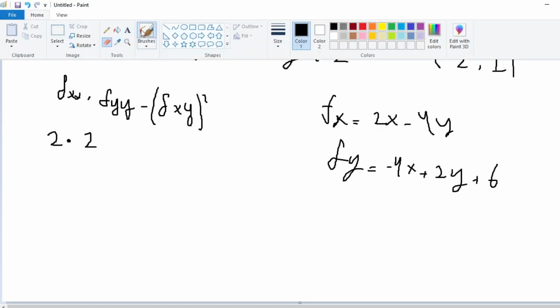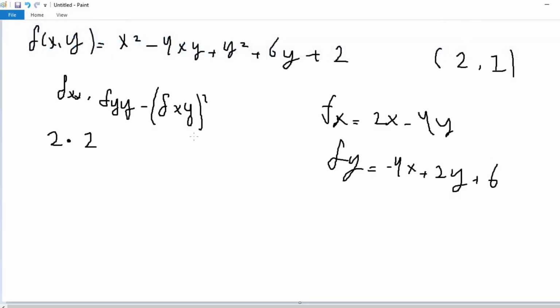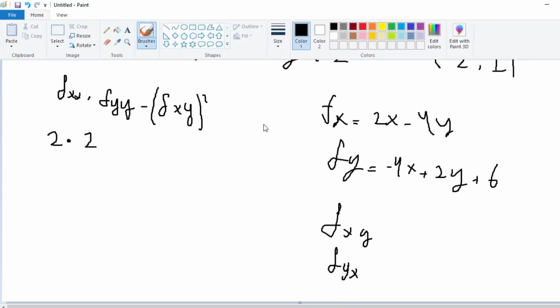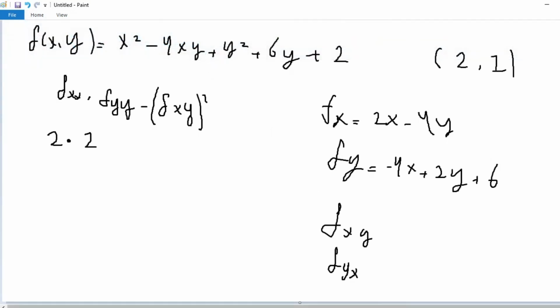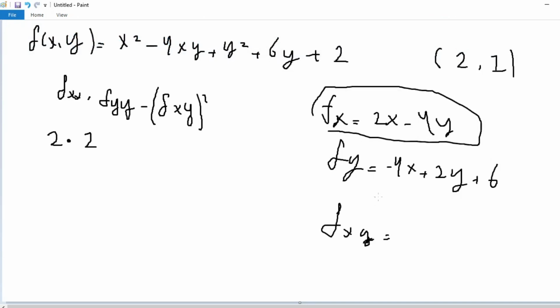So you have two choices. You can find the partial derivative with respect to x, then y, or you can do the opposite: the partial derivative with respect to y and then x. It doesn't matter, but be careful that both of them must give the same answer. So I will solve the partial derivative with x then with y. We need to use this formula because we said x first.